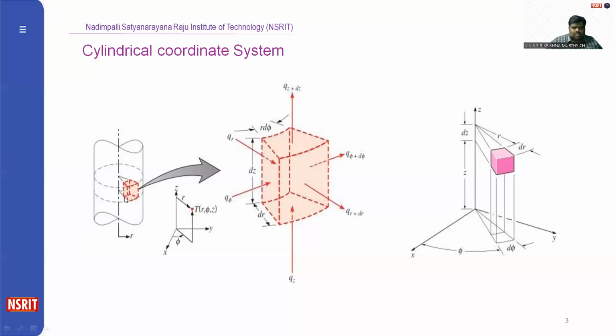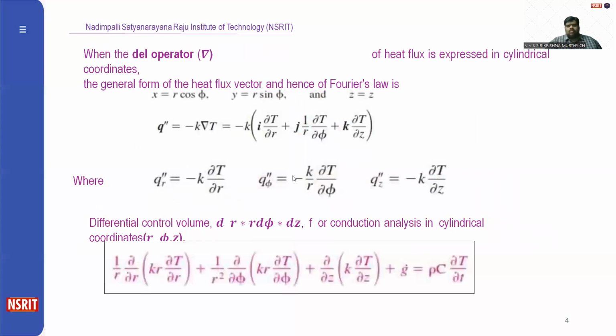If I take a cut section of the cylinder, the first side of the face is dr, the next face is r d phi, and the third face is in the z direction. By using the first law of thermodynamics only, you will be deriving the heat transfer equations.